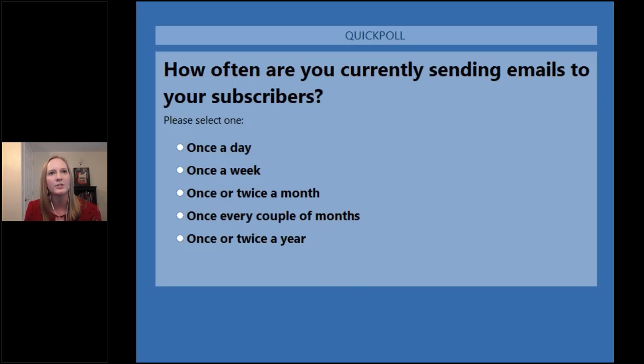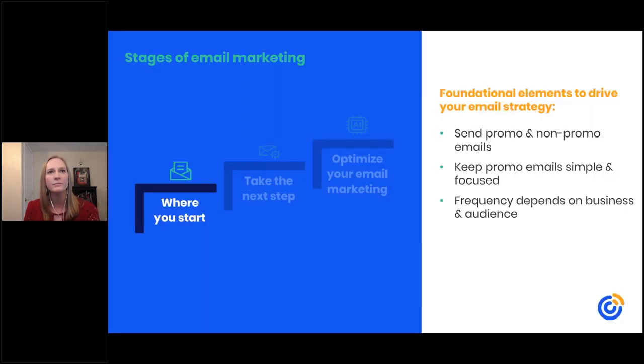Those percentages are kind of toggling there. Right now we're at 71% once or twice, and then tied out once every couple of months after that, and then once a week. All right, so we're almost at 80%. I'm going to go ahead and close the poll and share the results on the screen.